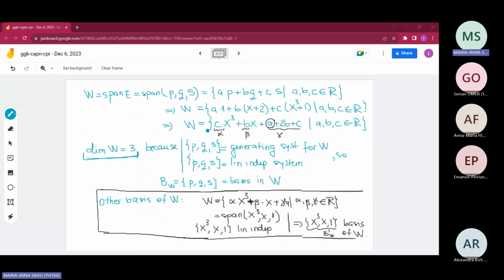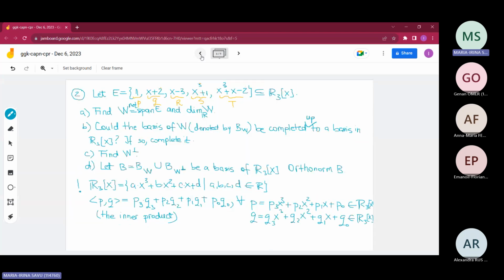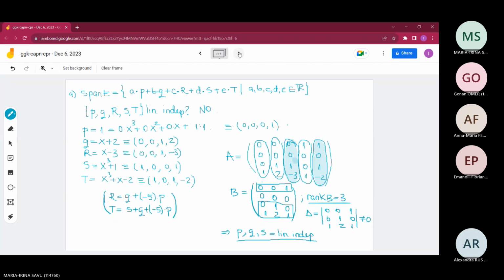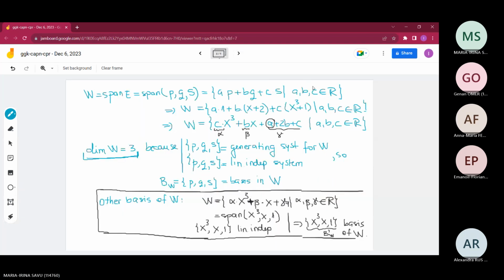This is W for this one. Please find W perpendicular, where by a product I mean the product of the coefficients and the sum of these results. I have 5 minutes to find W perpendicular.